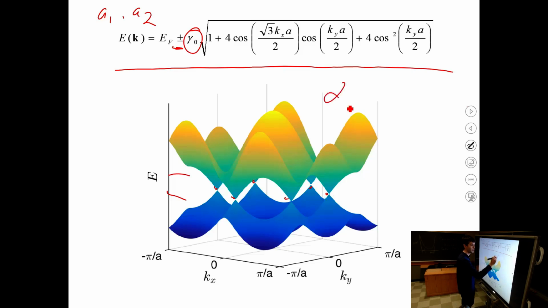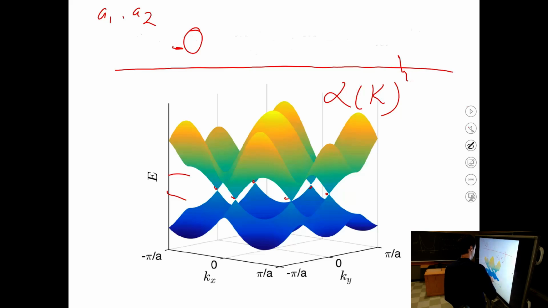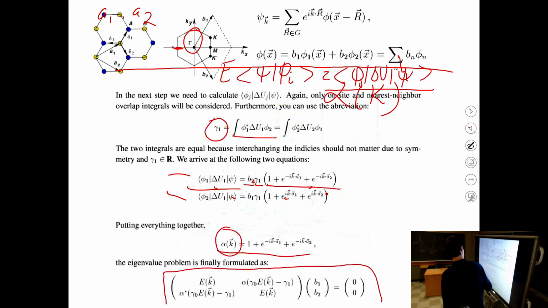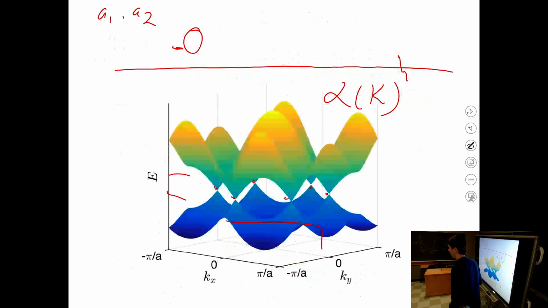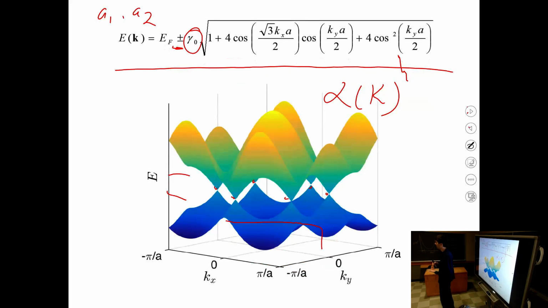And that's because of that factor alpha k, which had 1 plus e to the I ka and so on. So it's thanks to this factor alpha, at those points, there is a cancellation of this interaction term between the bands, and the bands become degenerate at those points.